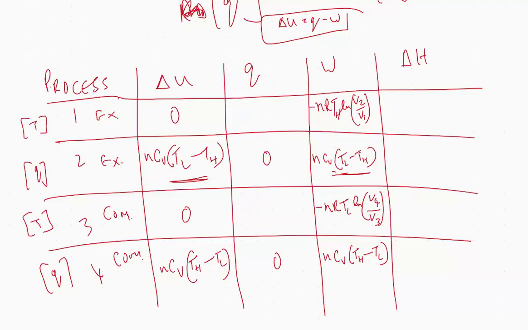Then when it comes to Q, Q is equal to that amount, but in the opposite direction. So you can set nRT high ln V2 over V1, and then this one here also nRT low ln V4 over V3.